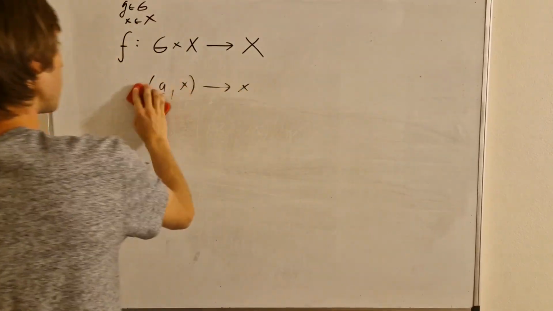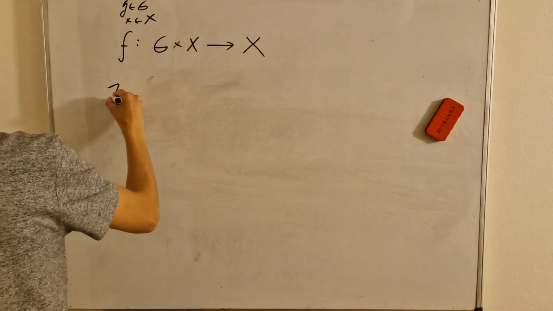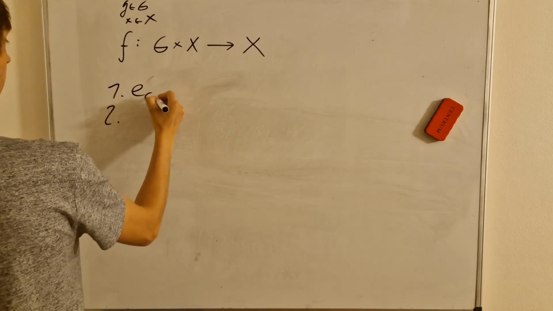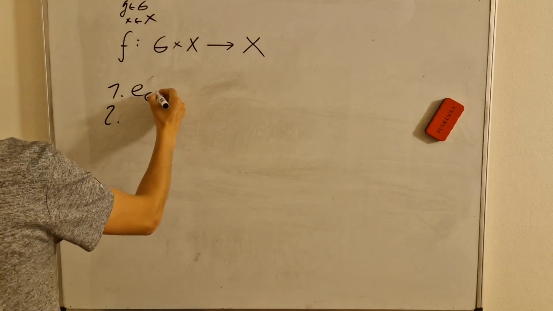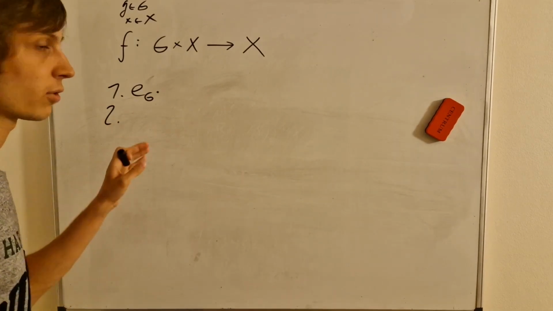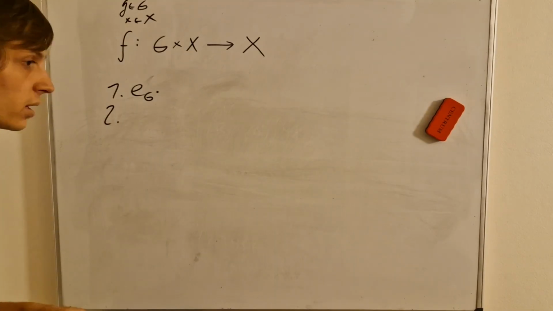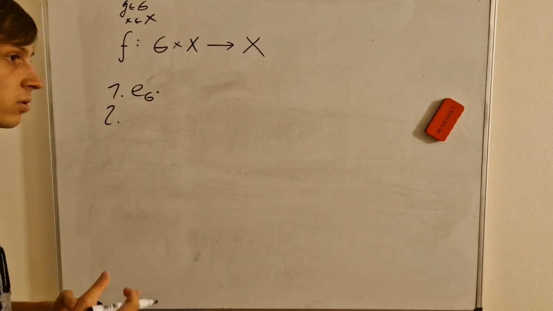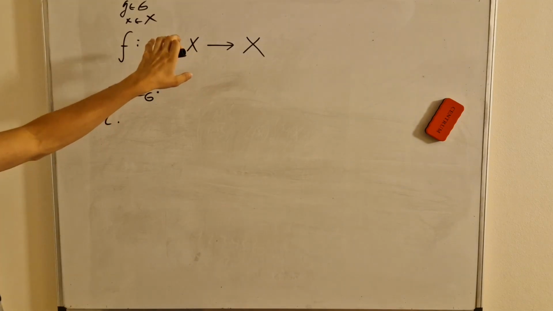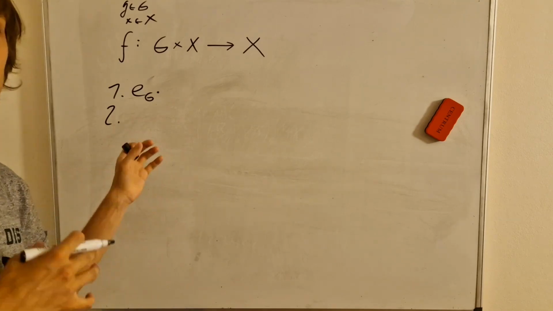Alright, so now let's see, there's two axioms for this. So first of all, the identity element of G, and let's say this is a dot, which means when this one element from G acts on that one element from the set X. So basically what we're talking about here is we put the elements of some set X under the operation of what elements of G do to it.